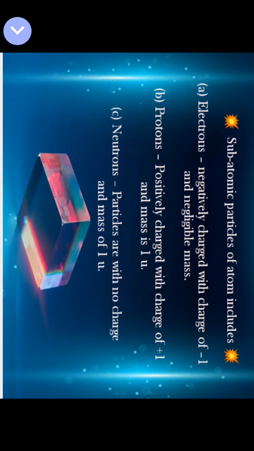Now, who discovered protons? This question is common and every class 9 student knows about it. You know about the alpha particle. What was that? Yes, alpha particle. The discovery of the proton was by Ernest Rutherford.